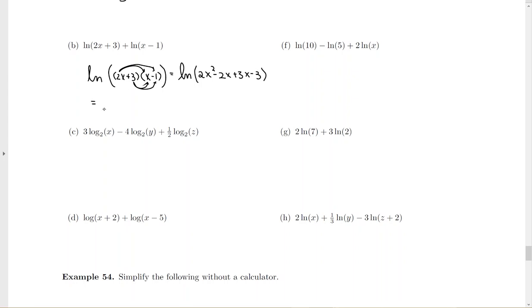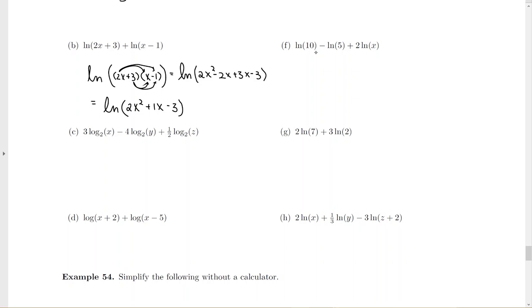Combine up your like terms, and then you're done. So the 2x squared, there's no other squareds in the problem. Minus 2x plus 3x, that's going to be a plus 1x, or just plus x, and then minus 3. And that's simplified.